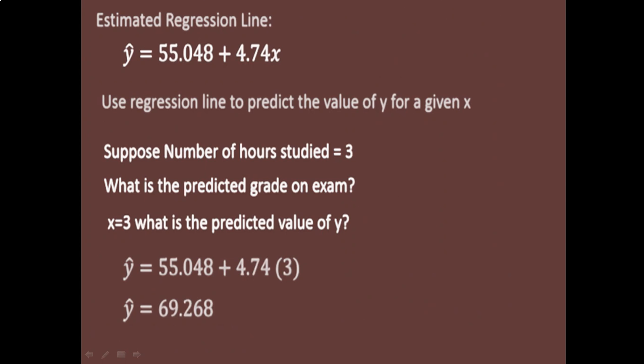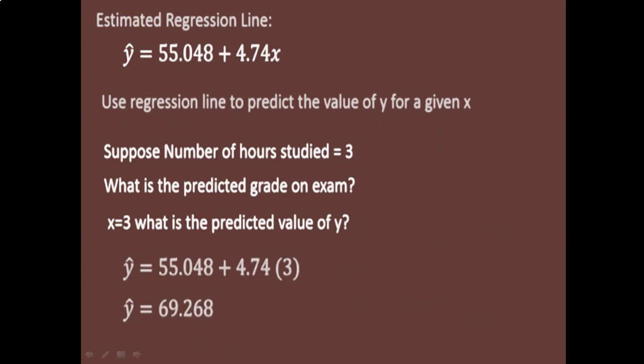The estimated regression line is equal to 55.048 plus 4.74x. We will use this regression line to predict the value of y for a given x. It is a very important point. Please concentrate on this point.